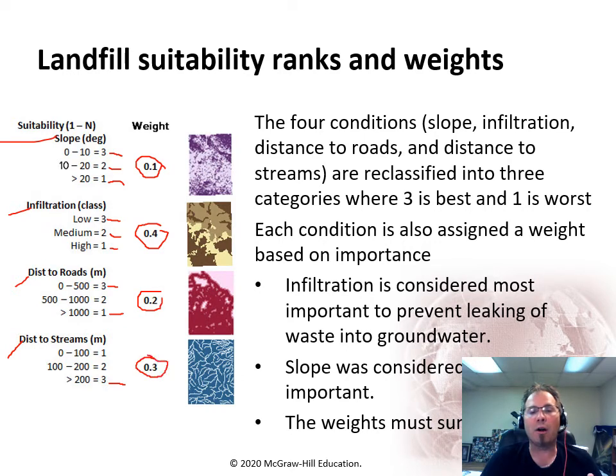Again, anything with water and landfills, you got to be careful. So you'll notice if you add those up, they equal 1. All right. So that's how a weighted overlay works. It's a bit more complicated than just 1s and 0s, but it makes sense scientifically. This is a way to at least base your overlay a bit more in the real world in terms of what's really important by decision makers and economics.